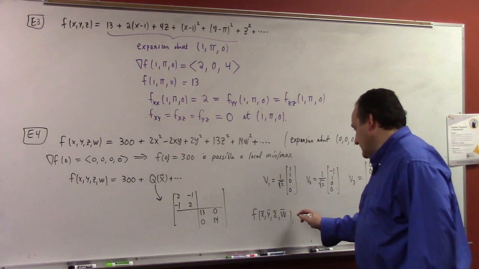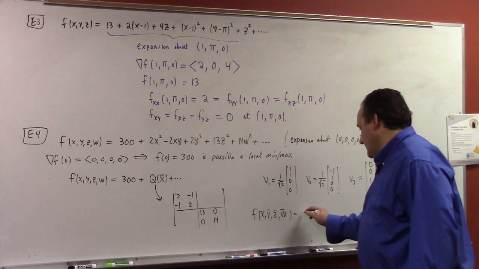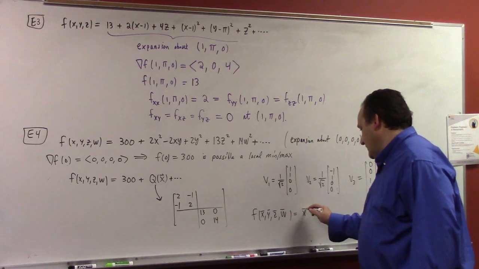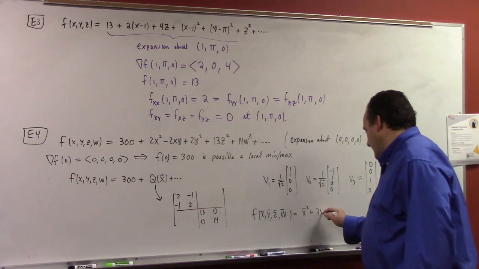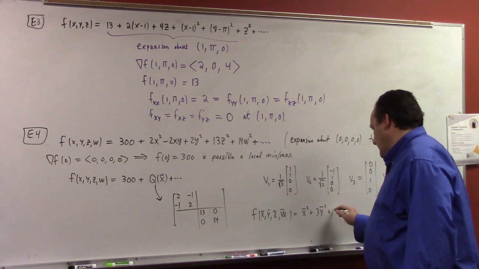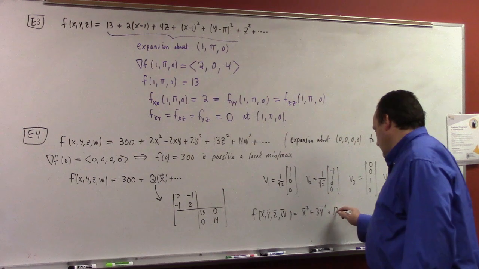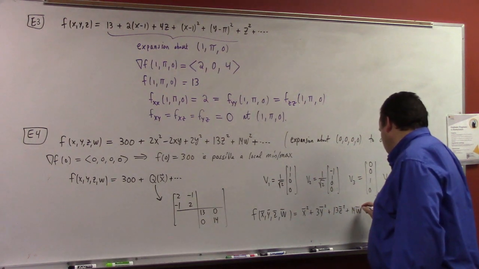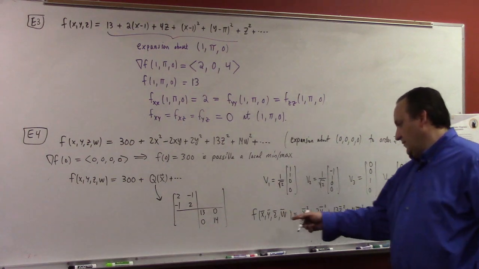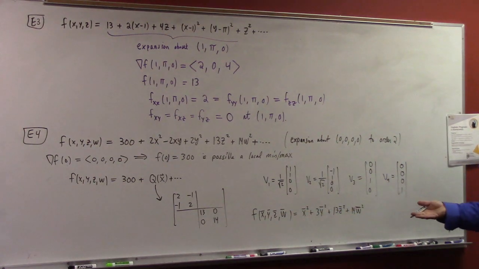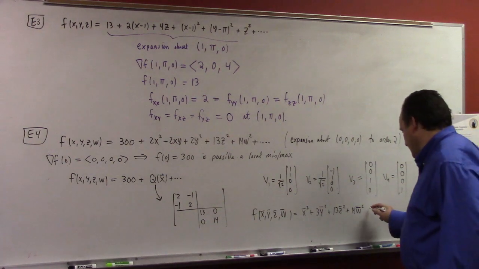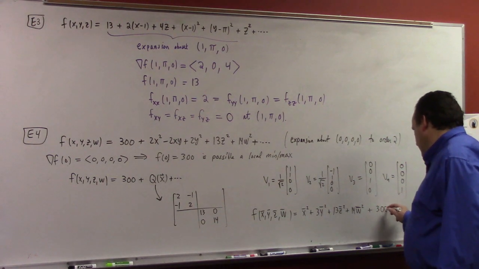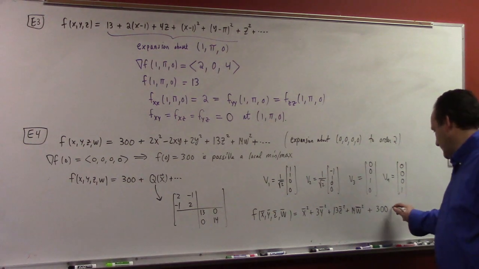The formula is already fine in z and w, but this will become, if I remember right, x bar squared plus 3y bar squared plus 13 z bar squared plus 14 w bar squared, right? That's the formula for f in terms of the eigencoordinate system. And I forgot to add my 300, right? That's still there. My bad. And then plus stuff.